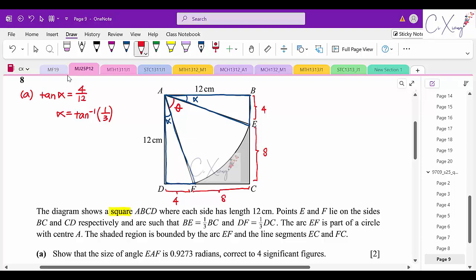And after that, to get the theta, which is the angle FAE, or they are writing it as EAF, we have to take the 90 degrees, the pi over 2, minus 2 alpha. So 2 alpha means 2 times tangent inverse 1 over 3.